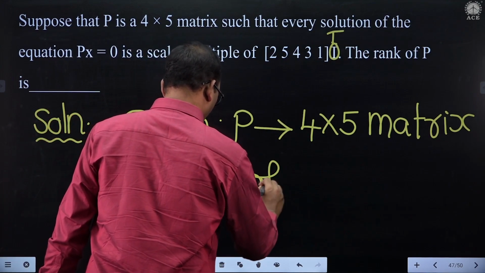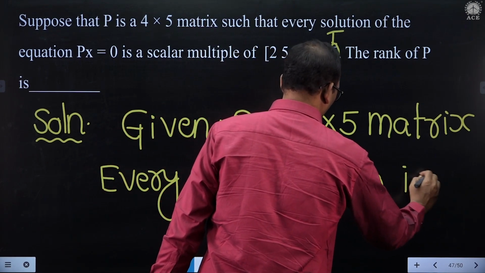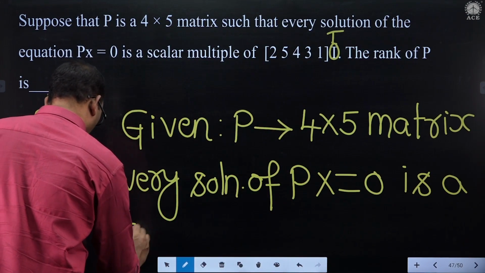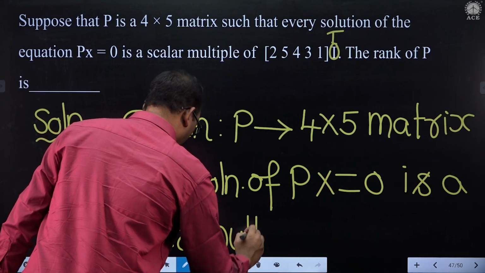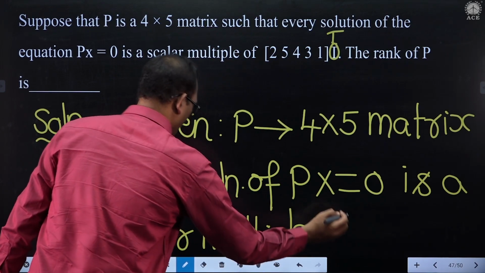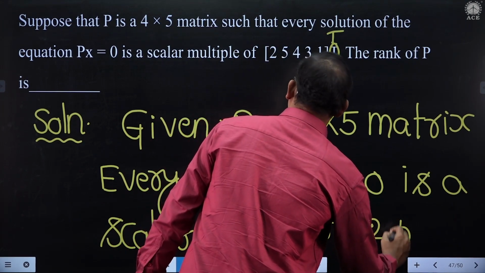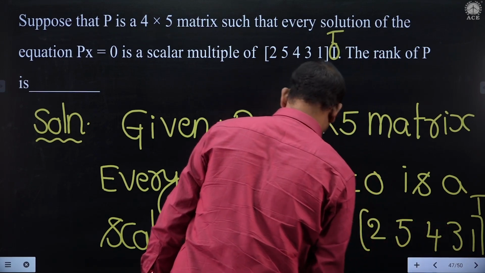Every solution of the homogeneous system of equations Px equal to 0 is a scalar multiple of (2, 5, 4, 3, 1) whole transpose.